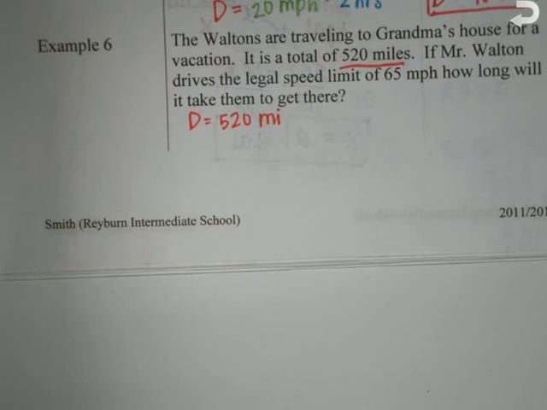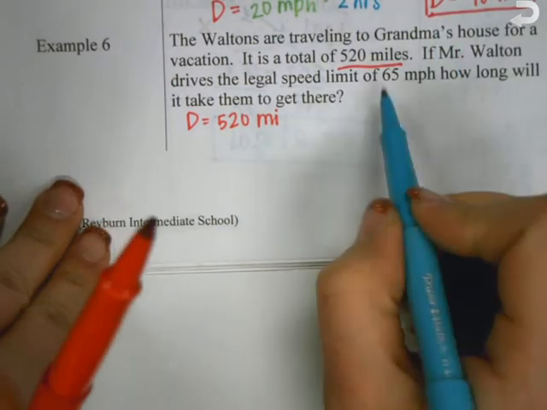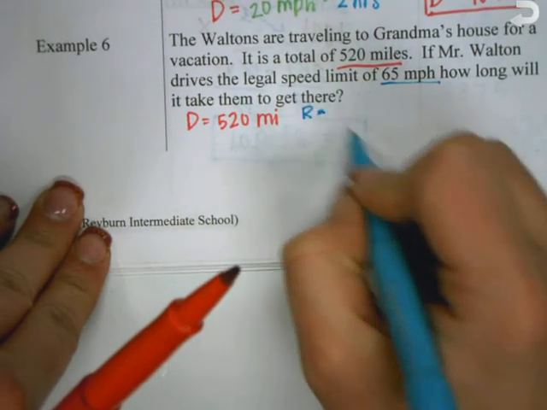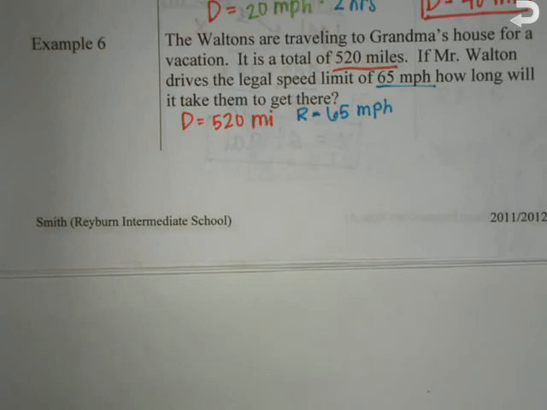So rate is 65 miles per hour. So I need to plug that into the formula. So what would I get, Alana? What would I get? 520 miles equals 65 miles per hour times t.